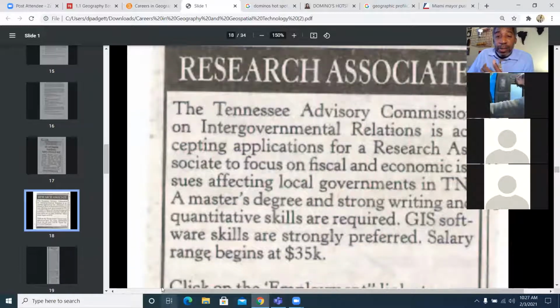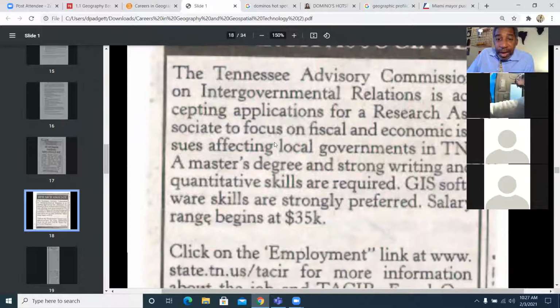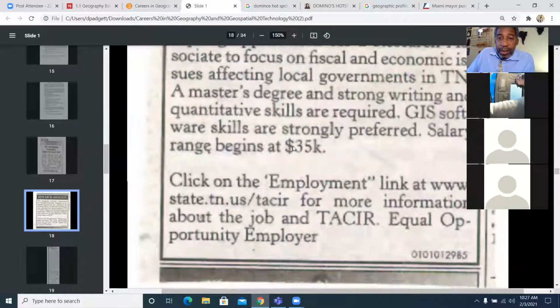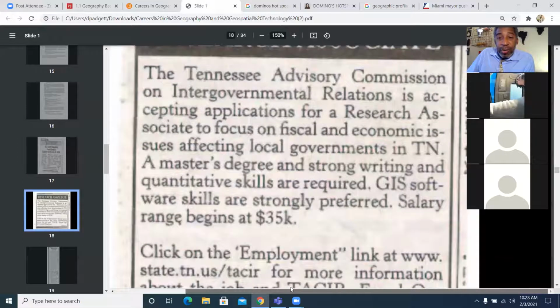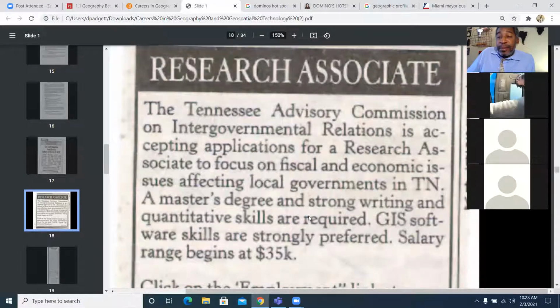And so here is a job with the state government, working as a researcher, but it says GIS software skills are strongly preferred. So here's another case where you might be going after a position like this. Somebody else is going after it too, but on your resume, you can say after this class, I've had some experience with geographic information systems. You will even have a link to a map that you've made.